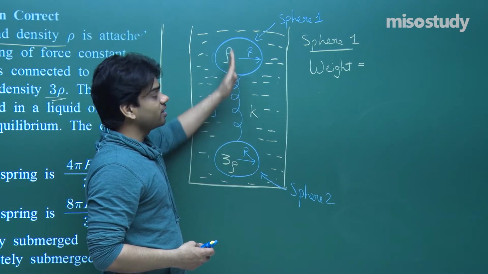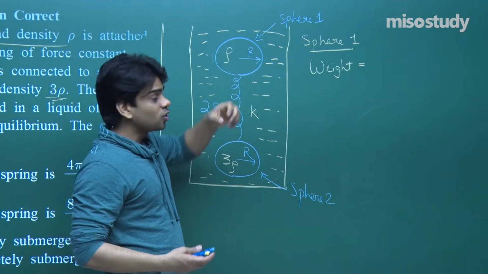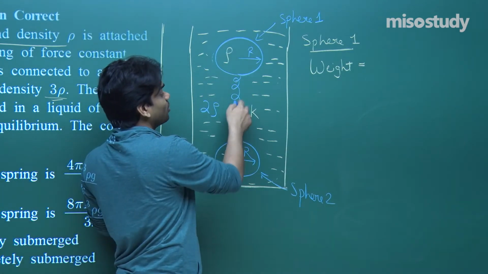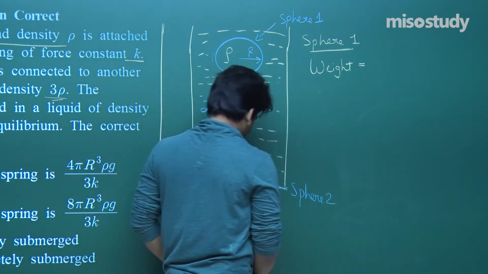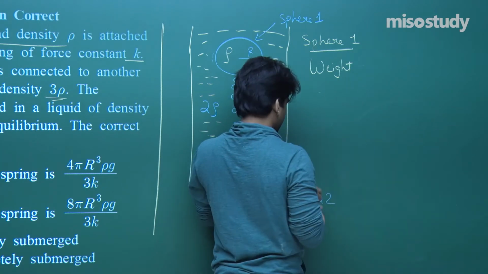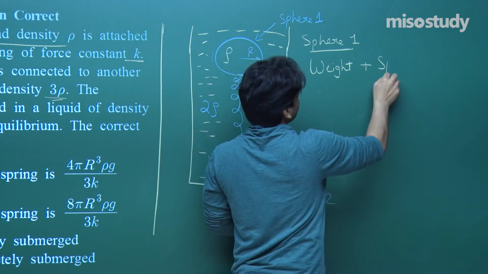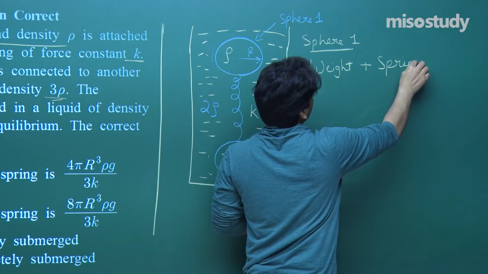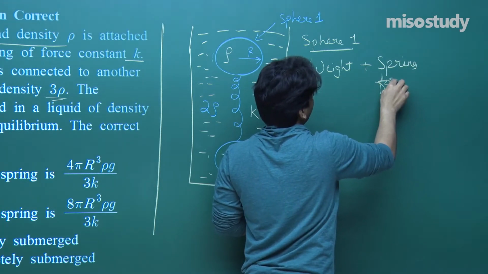Sorry, the spring force will be acting in the downward direction, since it's stretched. So weight plus spring force will be equal to the buoyant force.